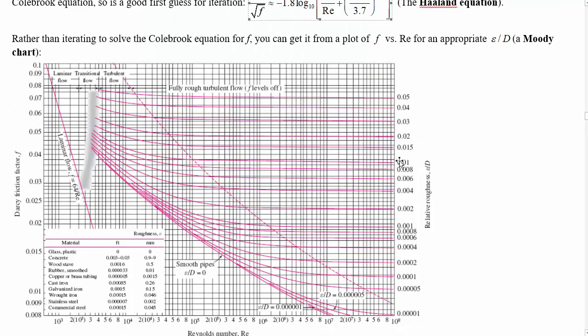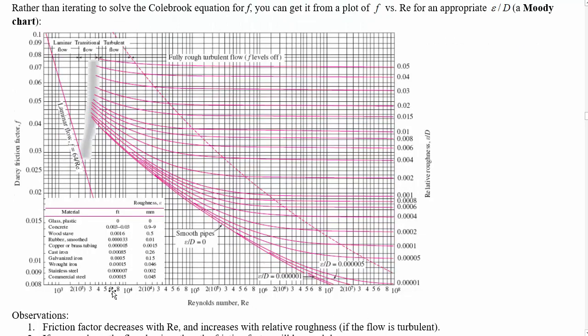Here's how this works. You have Reynolds number on a log scale across the bottom. We've got the resulting friction factor on a log scale across the left-hand side, and the relative roughness also on, well, not quite a log scale, on the right hand side. Now, why isn't this one a log scale? Because these are actually the labels of these curves.